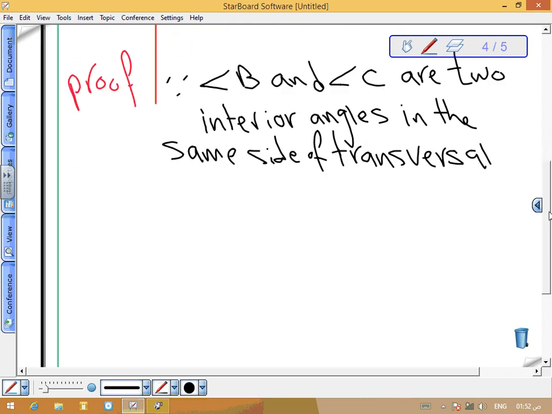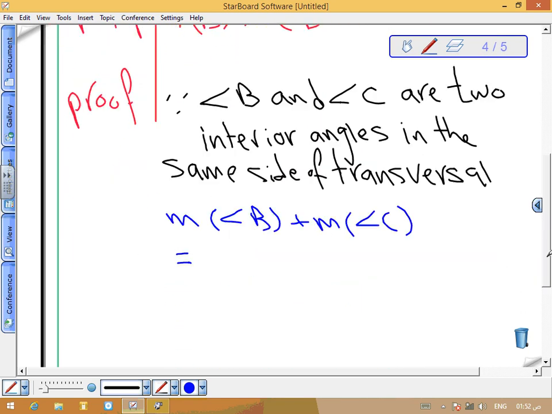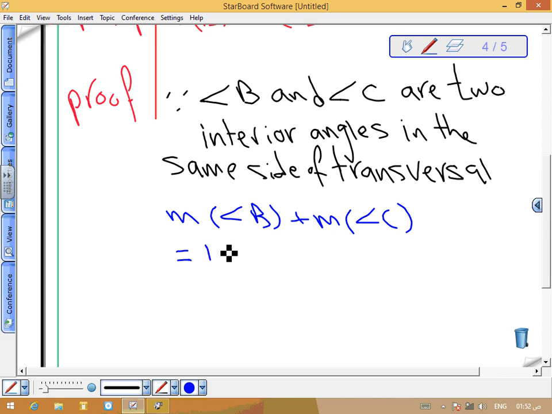and measure of angle B plus measure of angle C equals 137 degrees plus 43 degrees equals what?